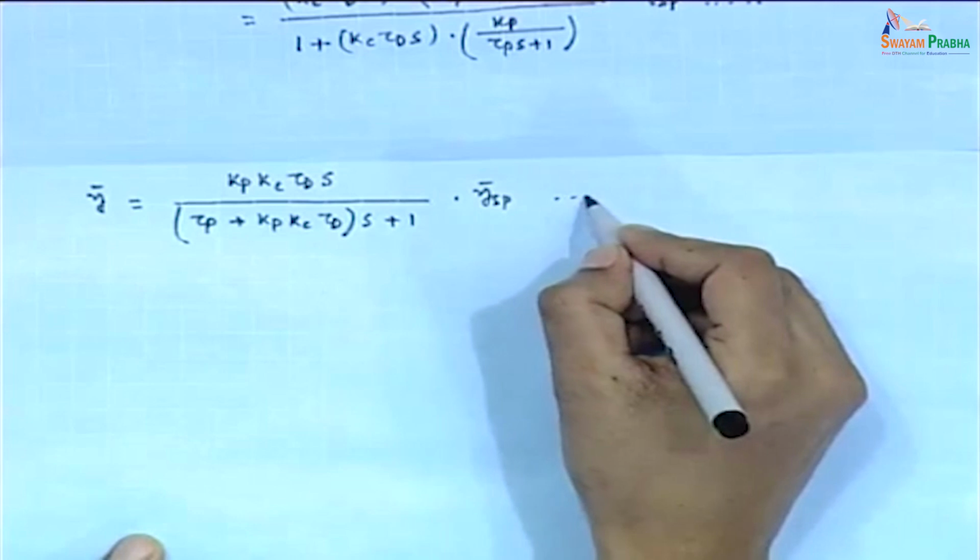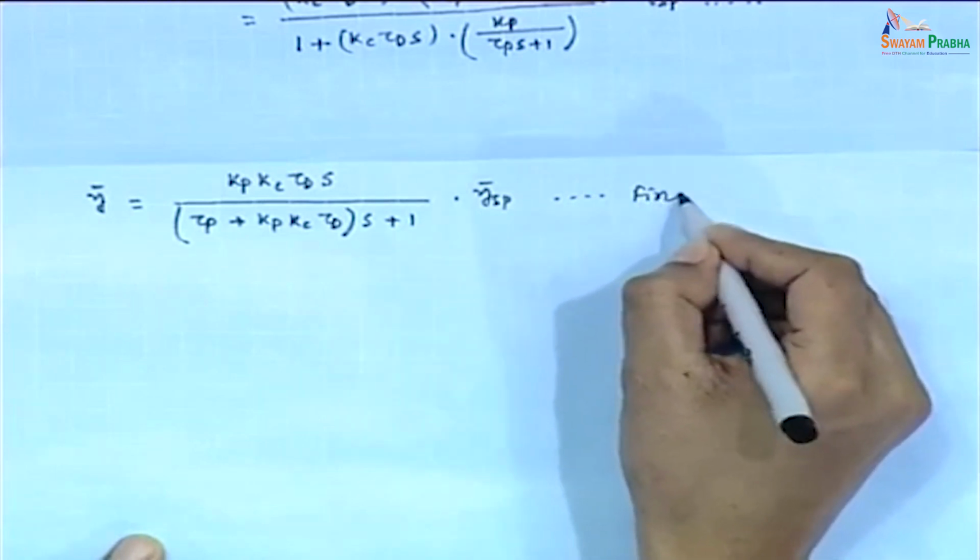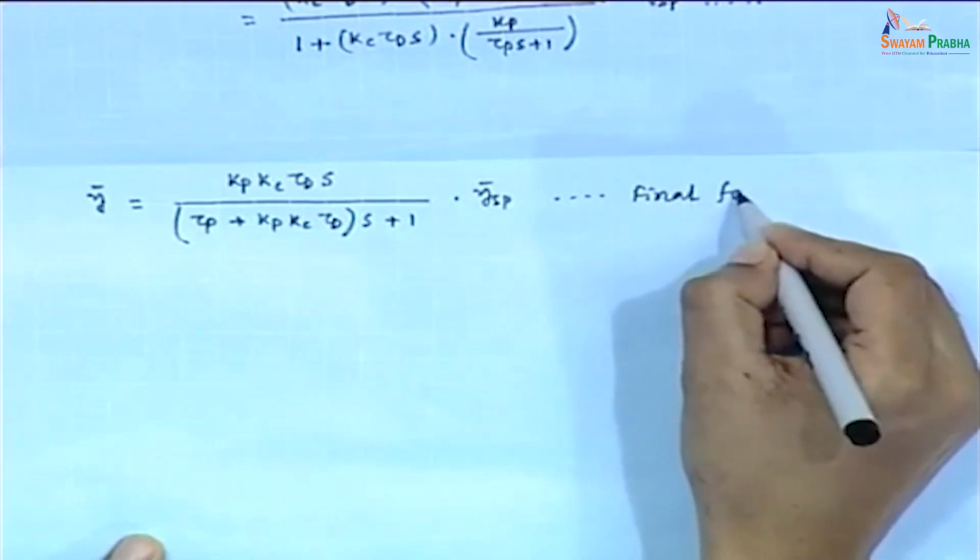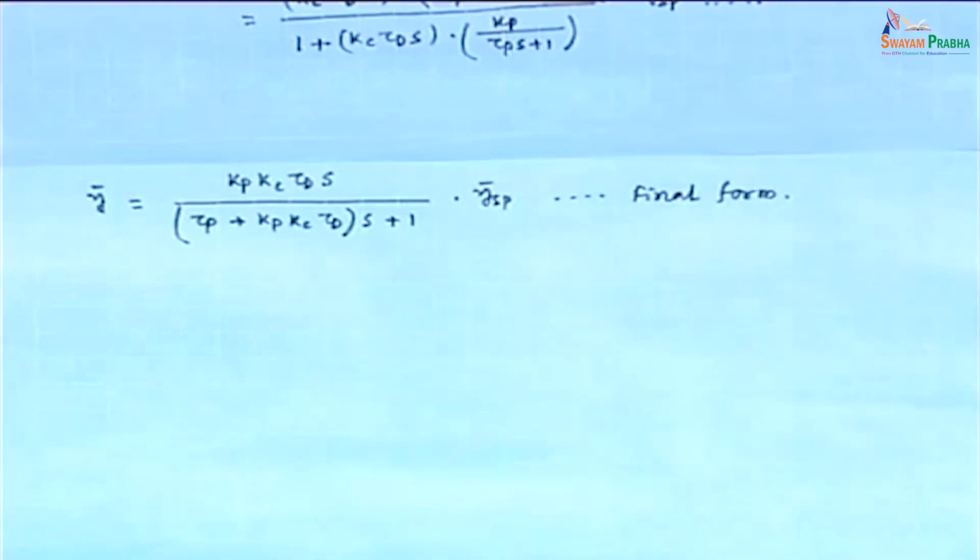This is the final form of closed loop transfer function. Fine.